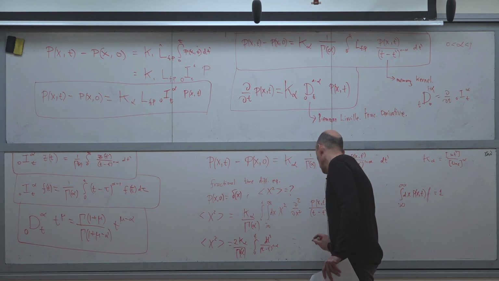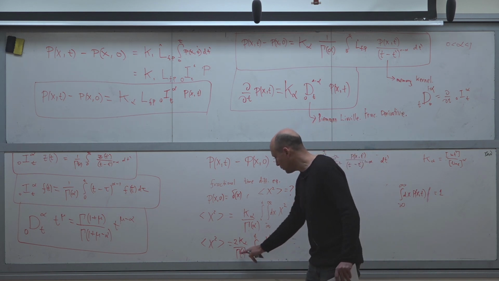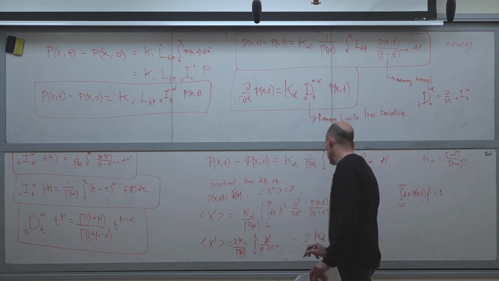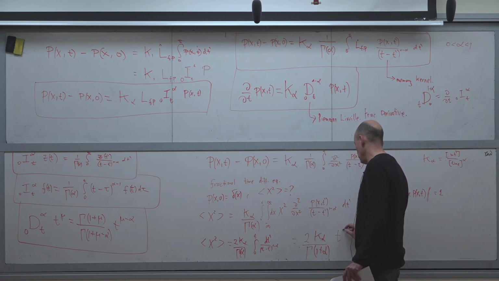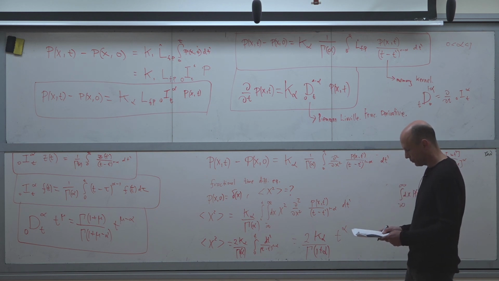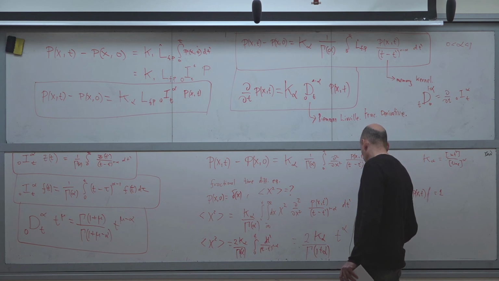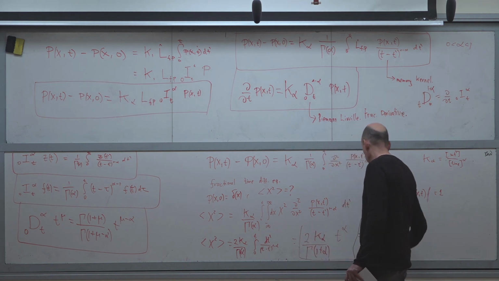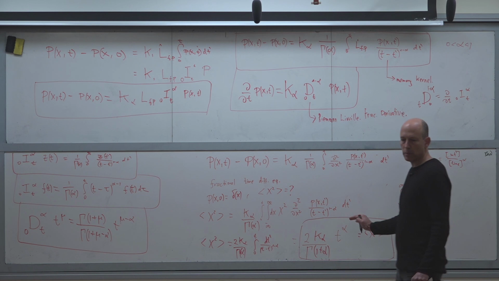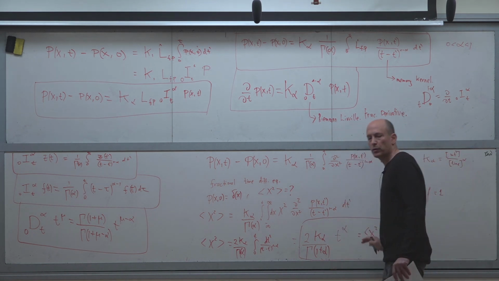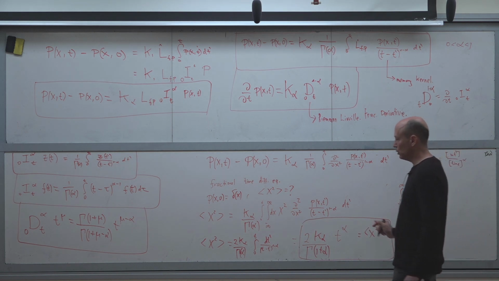From here I get another alpha that will change the gamma function into the following: 2 K alpha over gamma of 1 plus alpha, and here I get t to the alpha. What does this show us? It shows us simply that from this type of fractional diffusion equation you get anomalous diffusion. That's all.